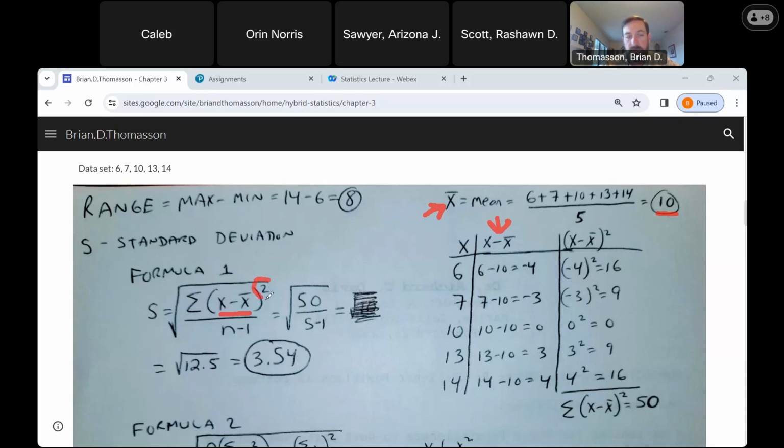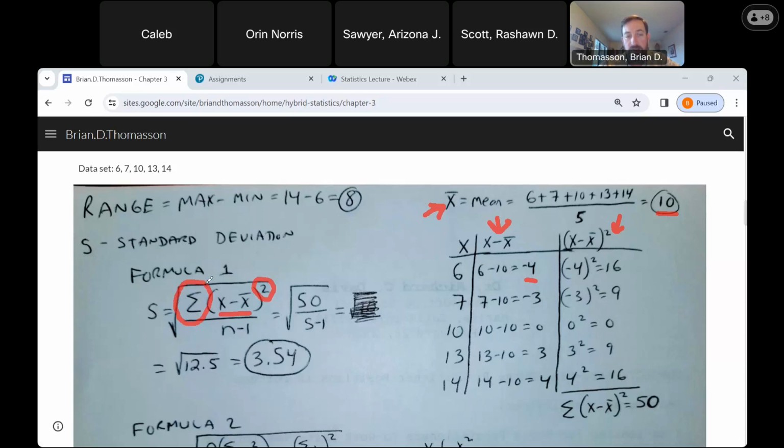As we move further out, we have to square all those values. That's what I've done in this last column. So we have the -4, we need to square that to get 16, -3 squares to 9, and so forth. Now that we have all those squared values, we have this capital sigma. What that means is add them all up.